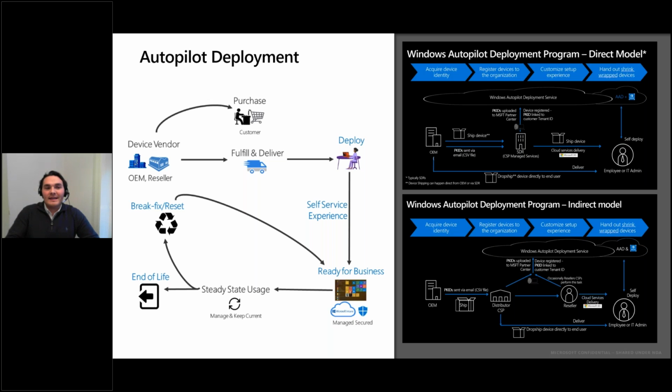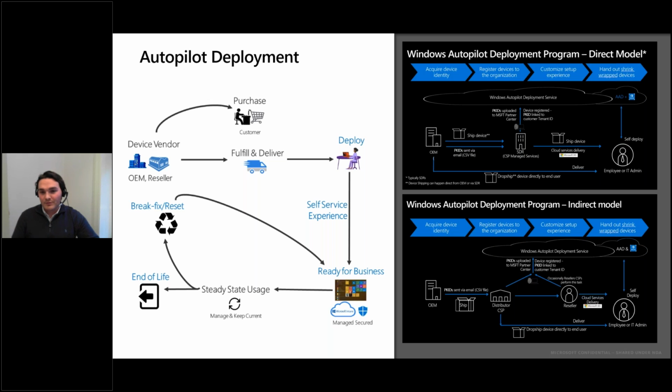So being on Autopilot provides a much simpler solution for users to always get the latest and greatest operating system and the latest updates, without even having to visit the IT department.